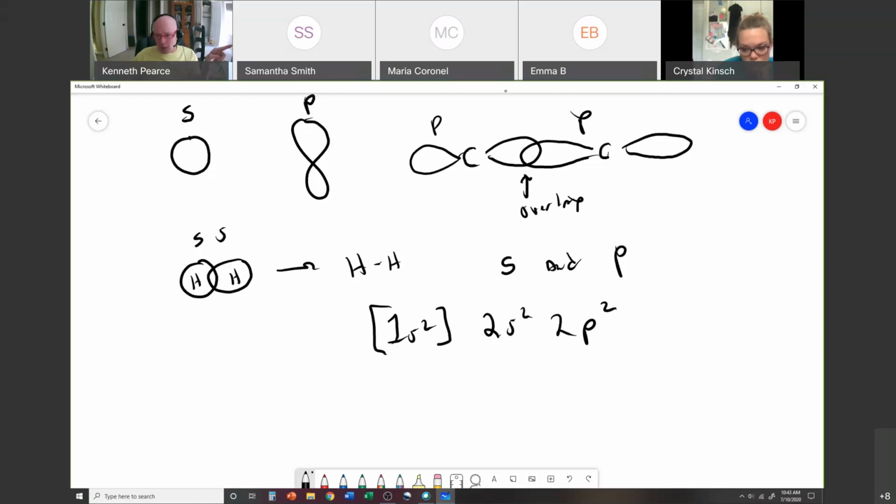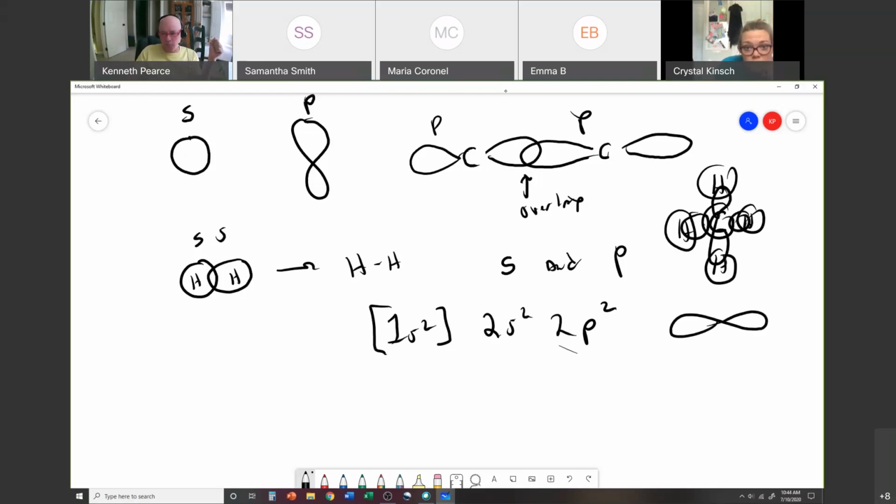Okay. And if you were to do that, you would expect to have two very different looking, let's say if we had CH4, and I'm just doing this in a very crude way, you'd kind of expect the S's to overlap like that, and you'd expect the P's and the S's to overlap like this.